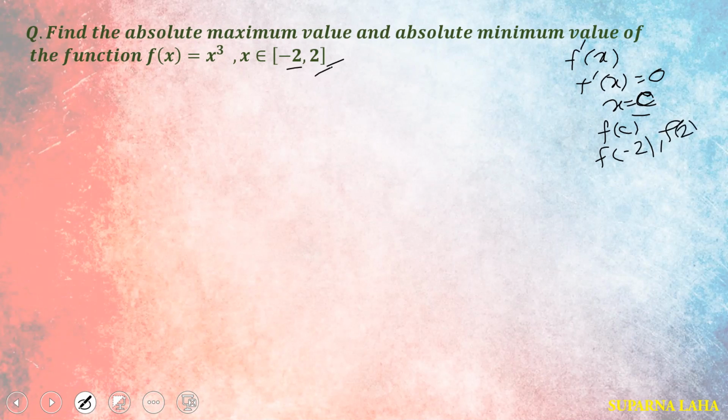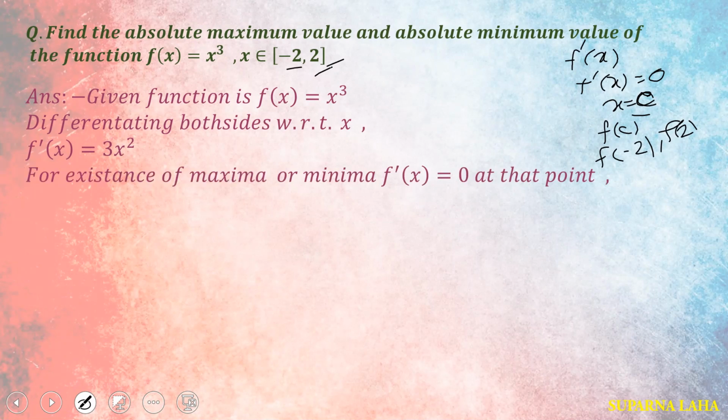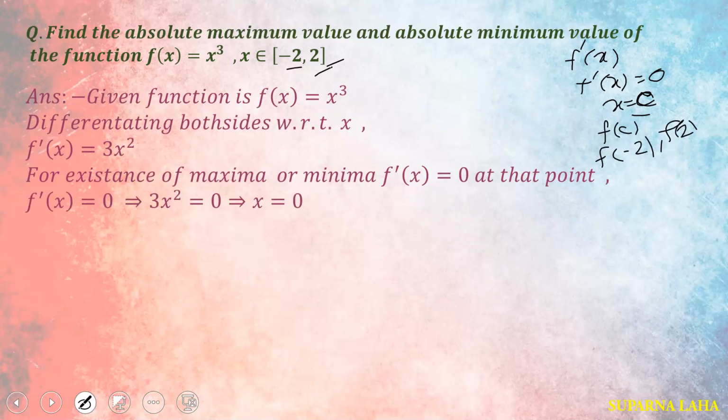So firstly, what is f dash x? Differentiating the function with respect to x, we get f dash x = 3x squared. Now f dash x is 0, because for a maximum or minimum value to exist, the first derivative must be 0. That implies x is 0, so 0 is the critical point.